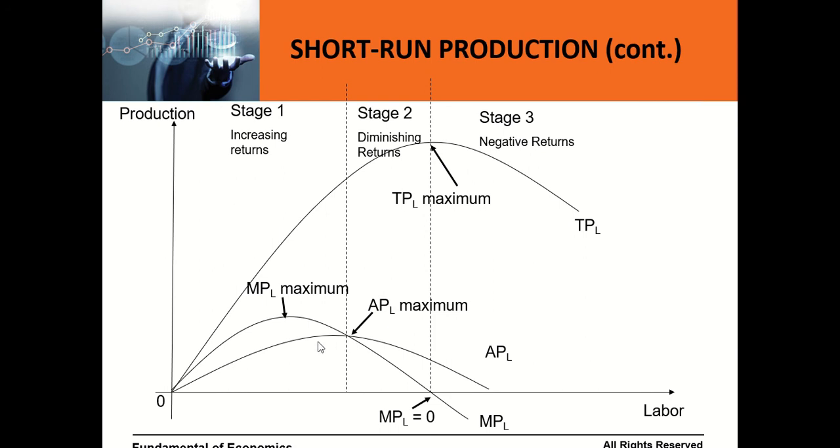Meaning that the MP must cross the AP when AP is at maximum. They cannot cross here because this is not the maximum, this is the lower part. Neither here. So this is the highest part. So the MP must cross the highest part of the AP.